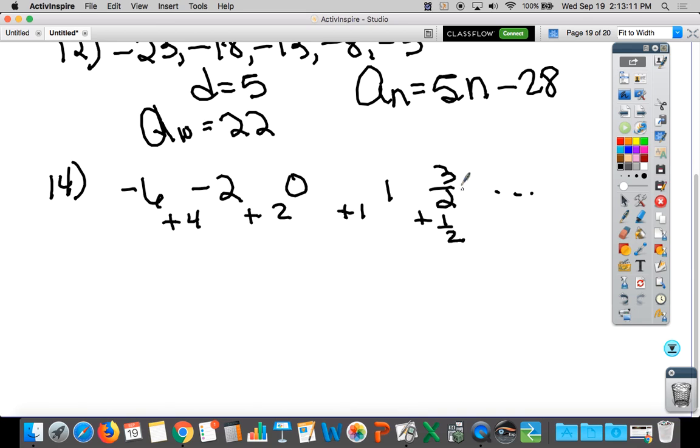So the next would be 3/2 plus 1/4, then plus 1/8, and then plus 1/16, and then plus 1/32. So your final answer, your 10th term, is 127 over 64. I did a lot of work though.